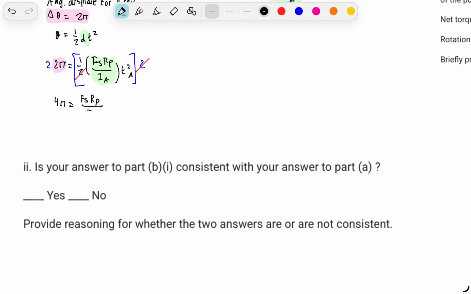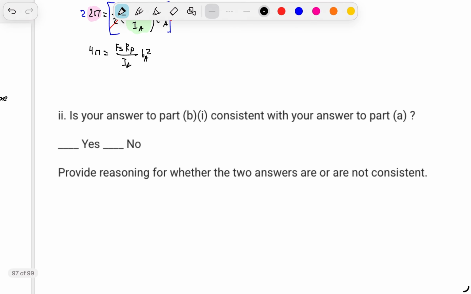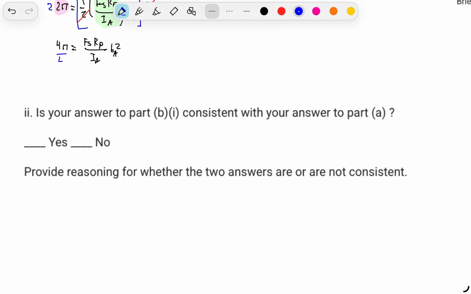Now you can just multiply by the reciprocal, Ia over Fs Rp. So TA squared is equal to 4 pi Ia over Fs Rp.